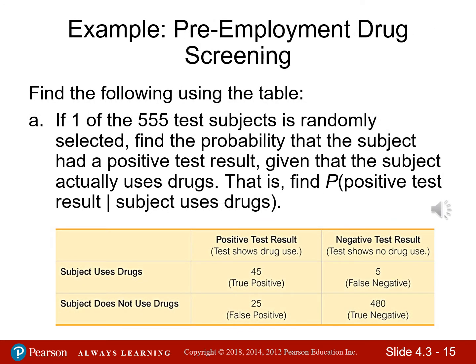Let's consider this example of pre-employment drug screening. We will use the table at the bottom of this slide to find the following. Part A: if one of the 555 test subjects is randomly selected, find the probability that the subject has a positive test result, given that the subject actually uses drugs. That is to say, find the probability of a positive test result given subject uses drugs.